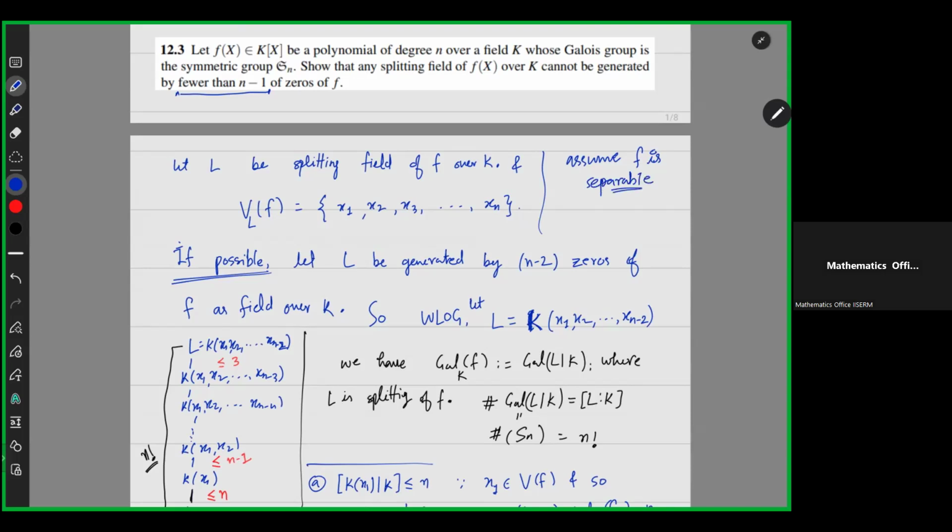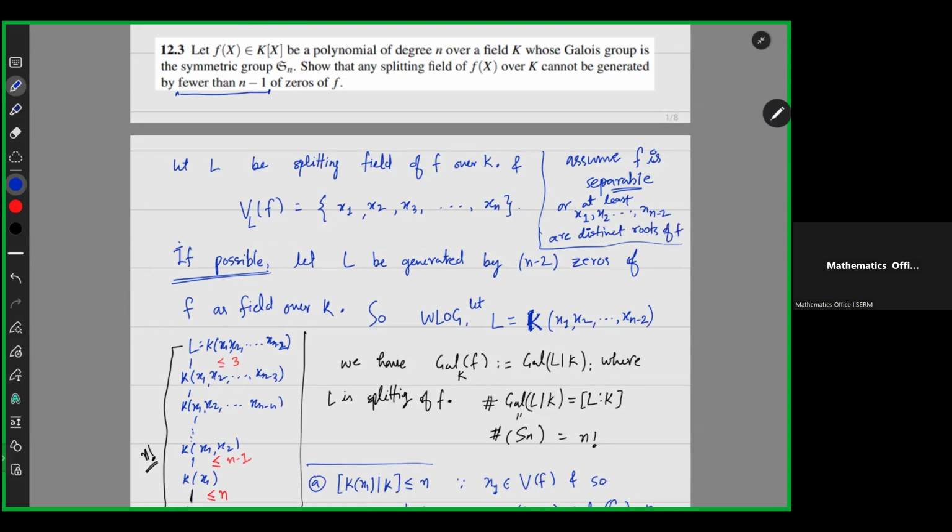Or if it is not, we can assume that at least x1, x2, and so on, x_{n-2} at least, these are distinct roots of it.